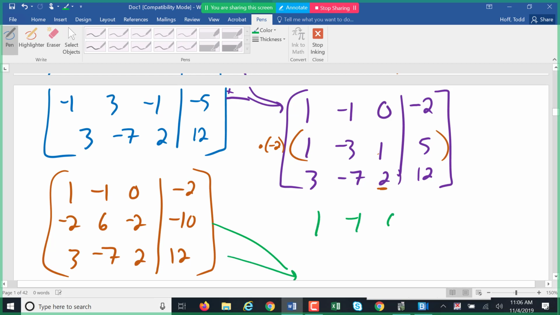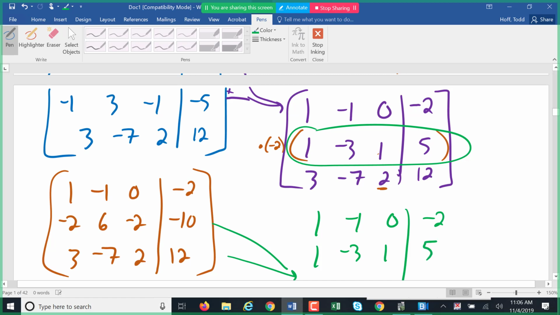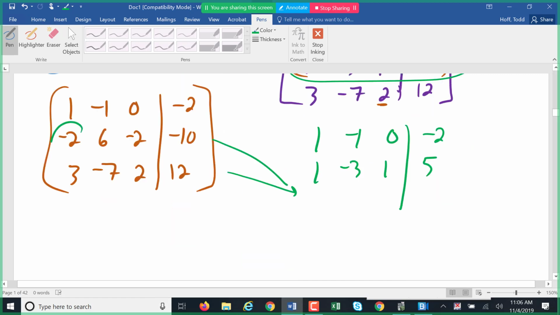So 1, -1, 0, -2. That second row, I'm going to put it back to what it was before I multiplied it again. 1, -3, 1, and 5. Bottom row, -2 and 3 is 1. 6 and -7 is -1. -2 and 2 is 0. -10 and 12 is 2.